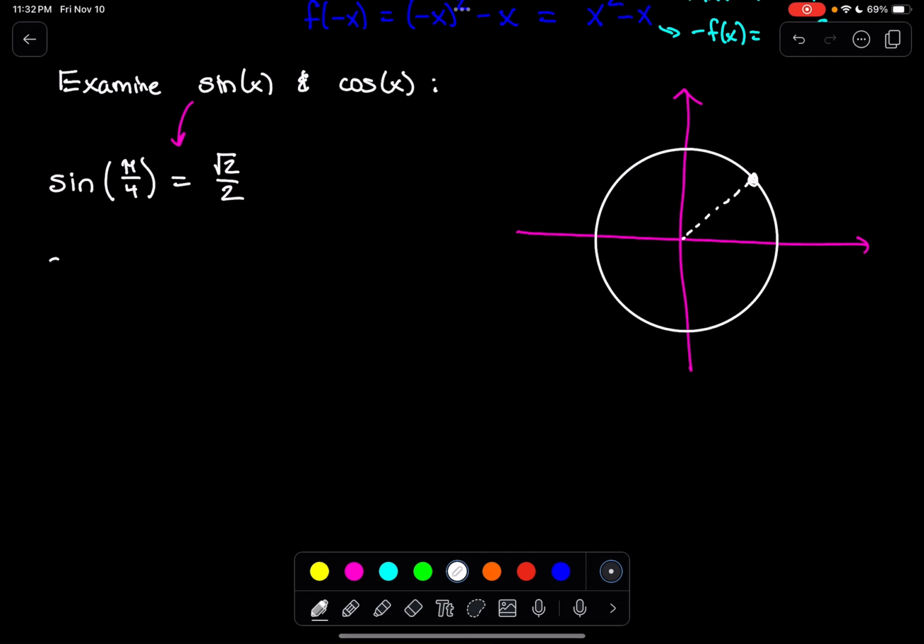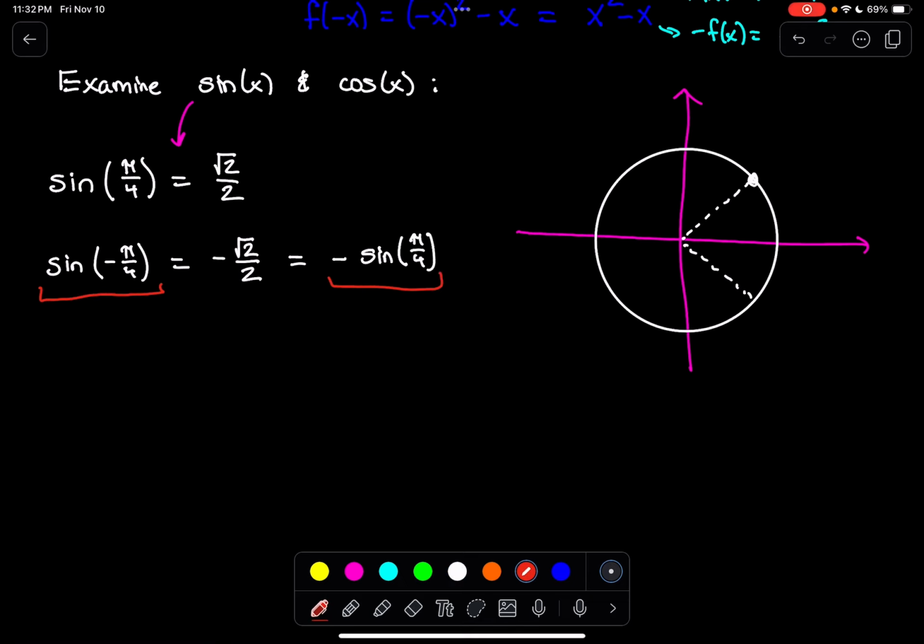Now, what happens if I were to have tried sine of negative pi over 4? Well, sine of negative pi over 4 is equal to negative square root 2 over 2. And that is the negative version of if I had plugged in the positive pi over 4. Okay, so we have an idea that sine is going to be an odd function.